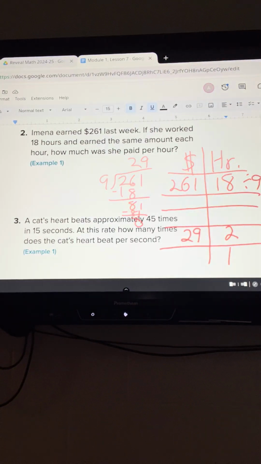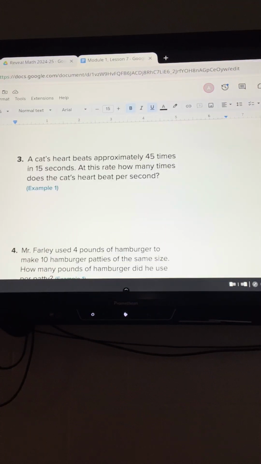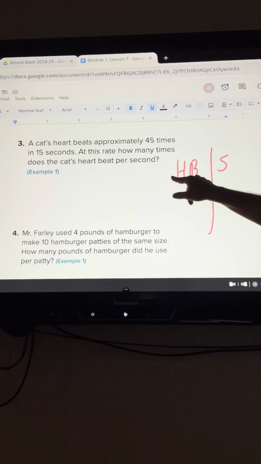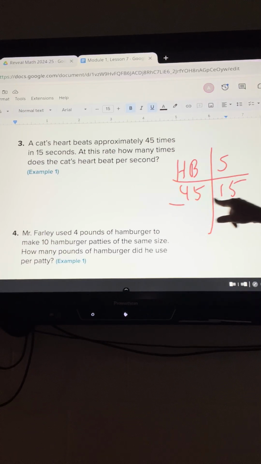Number 3, a cat's heart beats approximately 45 times in 15 seconds. So heartbeats in seconds. About how many times does the cat's heart beat per second? So we've got 45 heartbeats, 15 seconds.